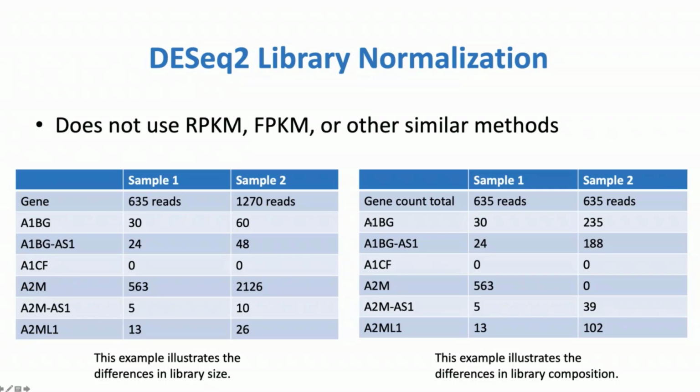In this case, A1BG, for example, the first gene, has much lower expression in the first sample than in the second sample. And then A2M has a much higher expression in sample 1 versus sample 2. So we generally want to correct for the library size, but in some instances you do have to worry a little bit about the library composition.